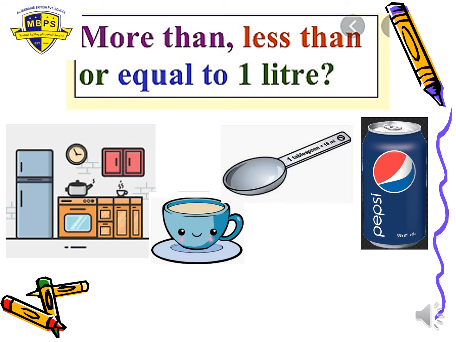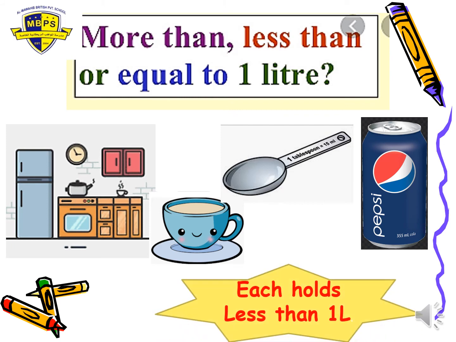Try to think with me. These containers can hold more than, or less than, or equal to 1 liter. I can hear the answer. Each holds less than 1 liter. And I want you to think about more containers that can hold less than 1 liter.